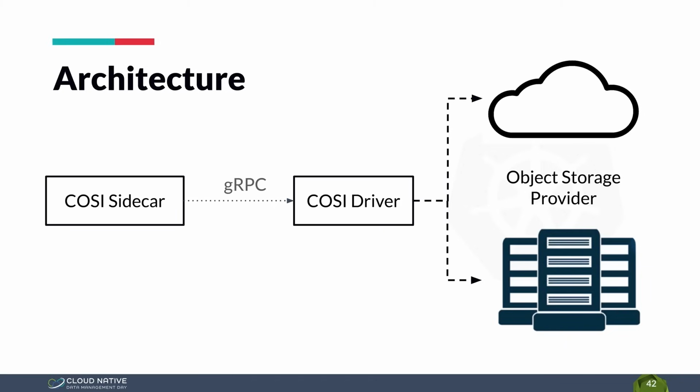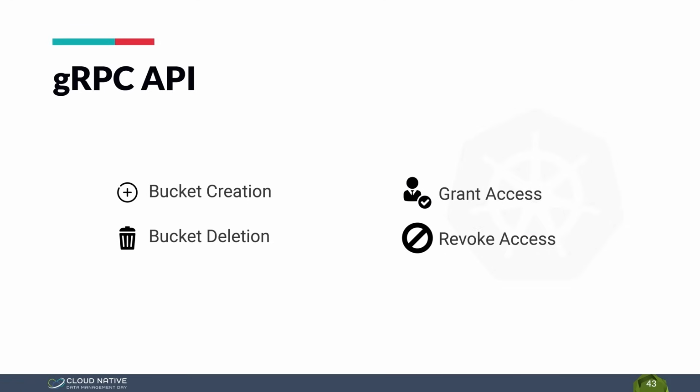The gRPC API is actually a very simple API. Just like I explained early on in this presentation, there are only 3 core primitives that COSI operates on. Similar to that, the gRPC API has only 4 APIs, and it's actually just the amalgamation of those 3 core primitives.